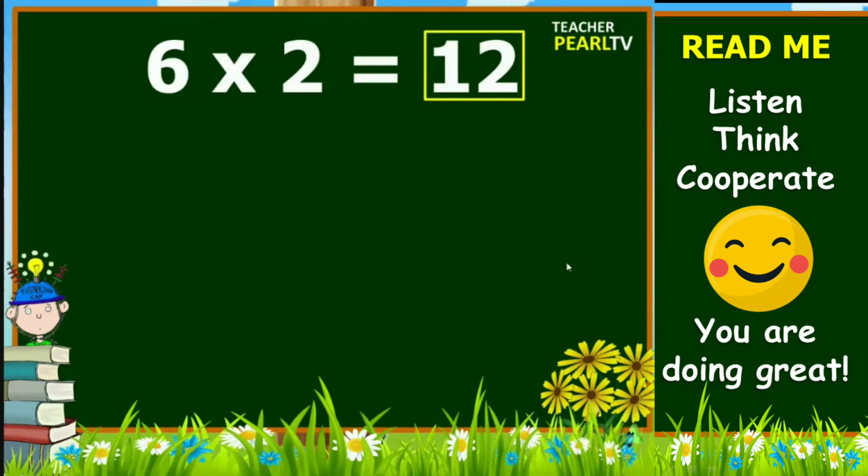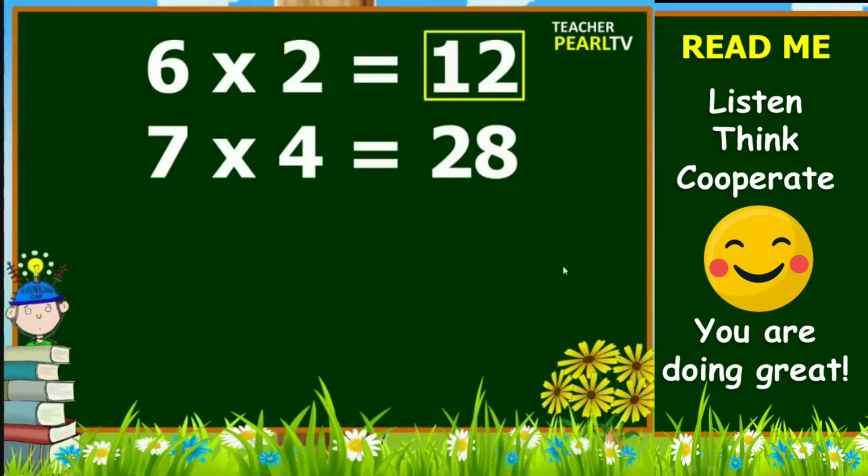That's awesome. Let's have the next example. 7 times 4 equals 28. And the multiple in this sentence is? Correct, 28. Now, 28 is a multiple of 7 and 4.